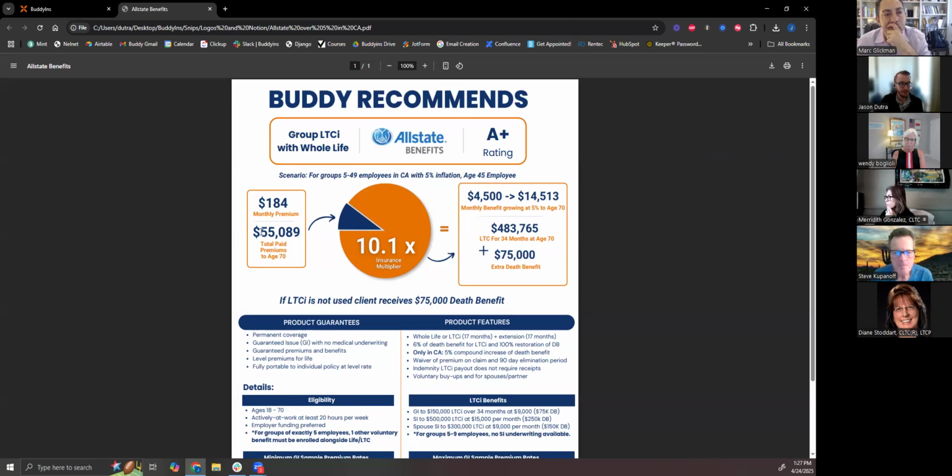If we're looking at a claim age of 70, just hypothetically, they put 55,000 into this plan overall, but from a total benefit standpoint, they're able to access 483,000 for long-term care by their age of 70. And even if they use the death benefit they purchased for long-term care services, Allstate is going to restore that death benefit 100%. So from a total benefit standpoint, they're looking at 10.1 times their dollar in total insurance coverage. That's how we're generally presenting that.